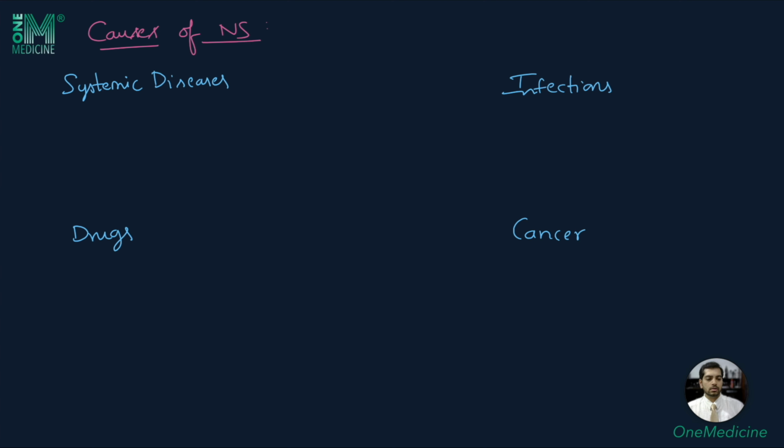Let's now look at the causes of nephrotic syndrome. These can be divided into systemic diseases, infections, drugs, and cancers. Systemic diseases include diabetes, which is the most common nephrotic syndrome cause, systemic lupus erythematosus, amyloidosis.